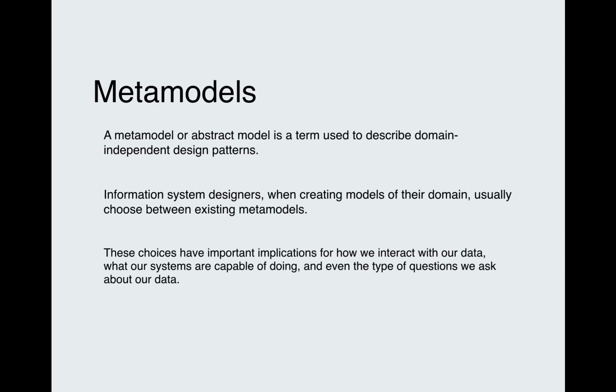These choices have important implications for how we interact with our data, what our systems are capable of doing, and even the type of questions we ask about our data. So modeling the various species of life as a tree, for example, encourages students who are learning about the different species to think of them in the context of this hierarchical structure.